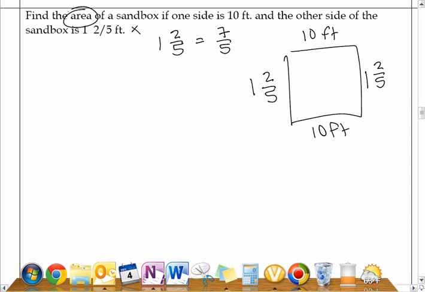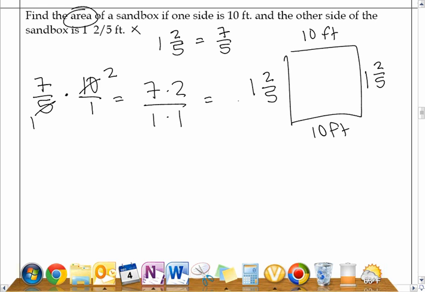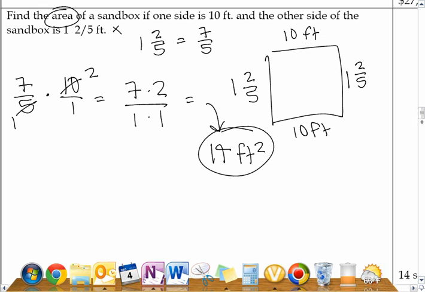So we have our length 7 over 5, times our height, 10 feet, and cross multiply. 5 goes into 10 twice and into itself once. So 7 times 2 over 1 times 1 equals 14 feet squared, which is the area of the sandbox.